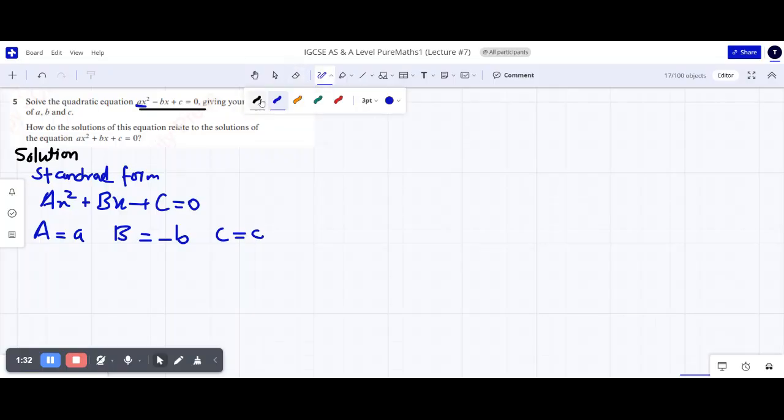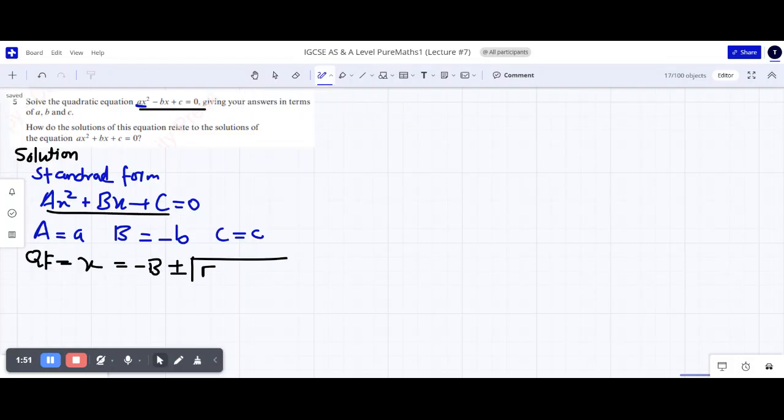So the quadratic formula we will use here is x equals minus b plus minus the square root of b squared minus 4ac, divided by 2a. Here we use the capital B because we wrote our quadratic equation in capital letters.